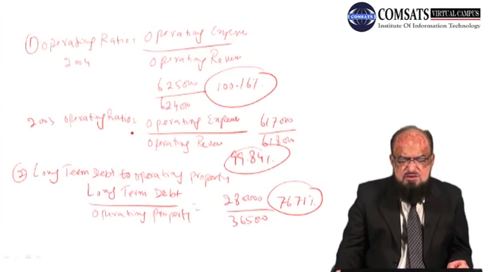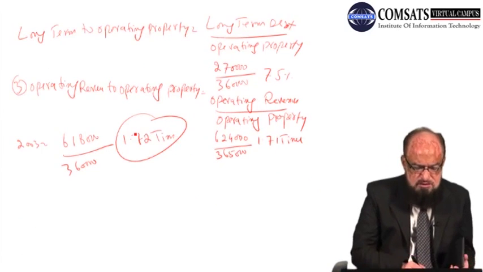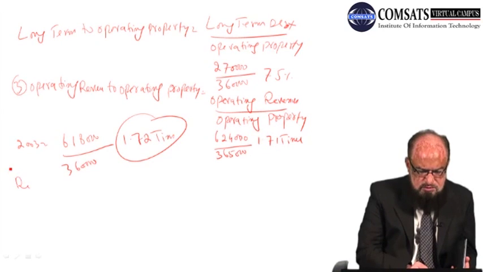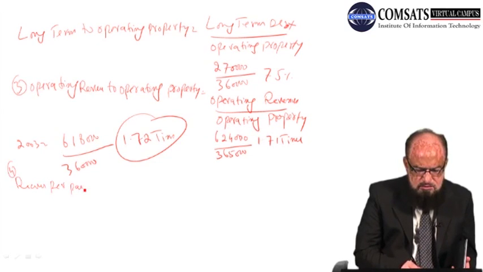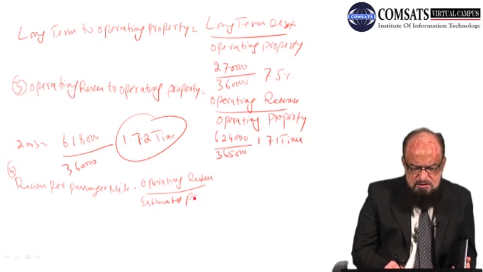Now we will calculate another ratio, that is revenue per passenger mile. Revenue per passenger mile is equal to operating revenue divided by estimated passenger miles.